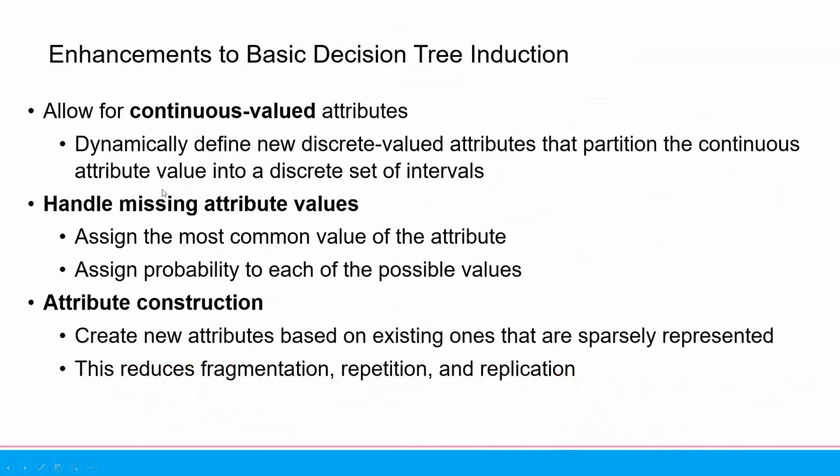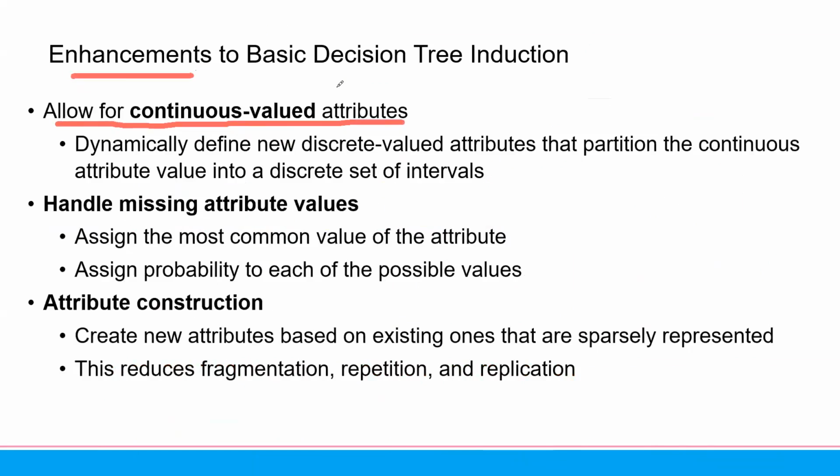The enhancement of basic decision tree, the enhancement is the improvement. The improvement of the decision tree, we can allow for continuous value attributes. So what we learned until now, most of the data are categorical data.